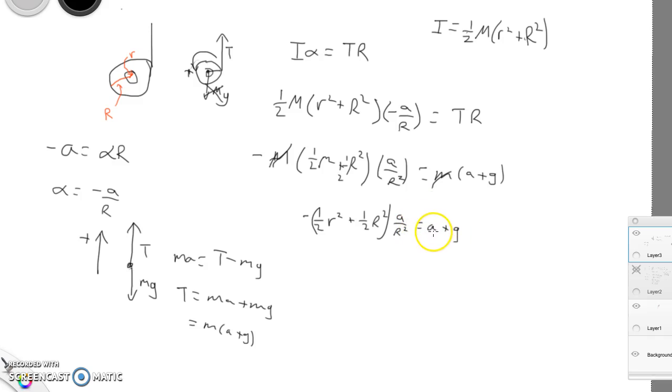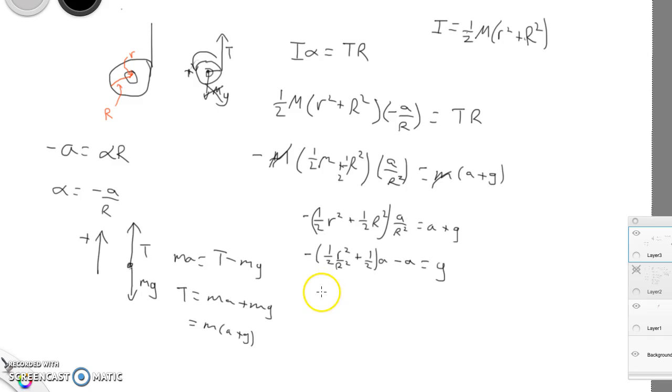So we're going to subtract this A over, and we'll divide the R squareds over 2, so we get negative, parentheses, 1/2 little r squared over big R squared plus 1/2, times A minus A equals G. So I'm going to divide this whole side by -1, so this becomes negative, and I'm going to factor out A at the same time.